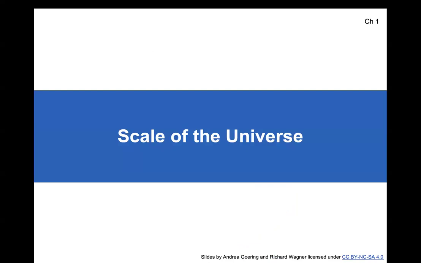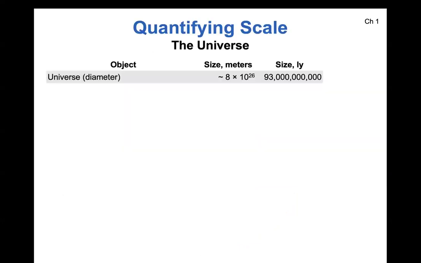Now let's get back to the scale of the universe, like we were talking about when we were talking about the grapefruit, but without the fruit. Okay, so we're just going to work our way down. The universe as a whole has a size of 8 times 10 to the 26 meters. That number is hard to make sense of until we see it compared to other ones.